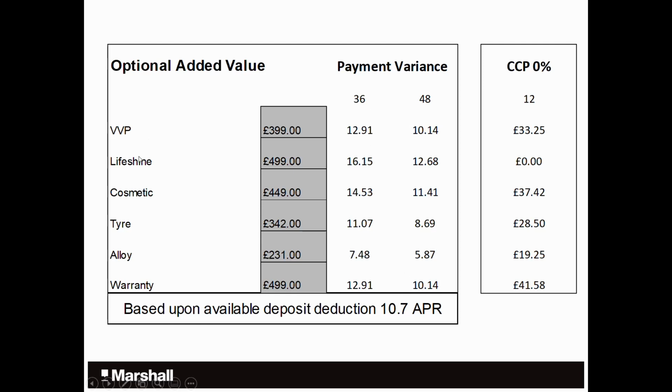So LiveShine is about £16 a month if we take it out of the deposit. It gives you an idea that the fuel saving app can really save you. If you do it on the car care plans 0% product, you can still see we can definitely get a compensatory product for a fuel saving, if the customer, of course, feels it's worth it for them to take it.